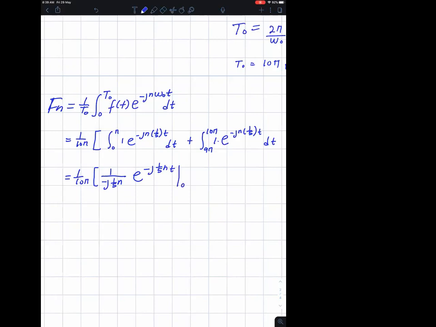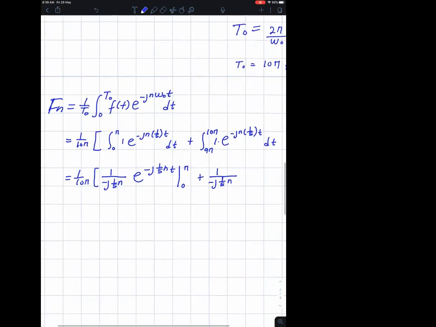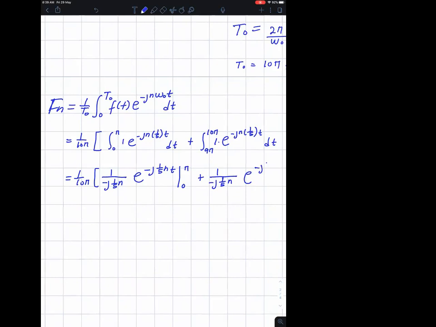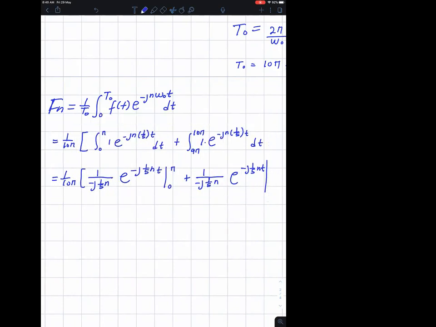You're going to integrate from 0 to pi. On the other side, the same thing, 1 over minus j n over 5, times e to the minus j n over 5 t. We're going to integrate this from 9 pi to 10 pi.